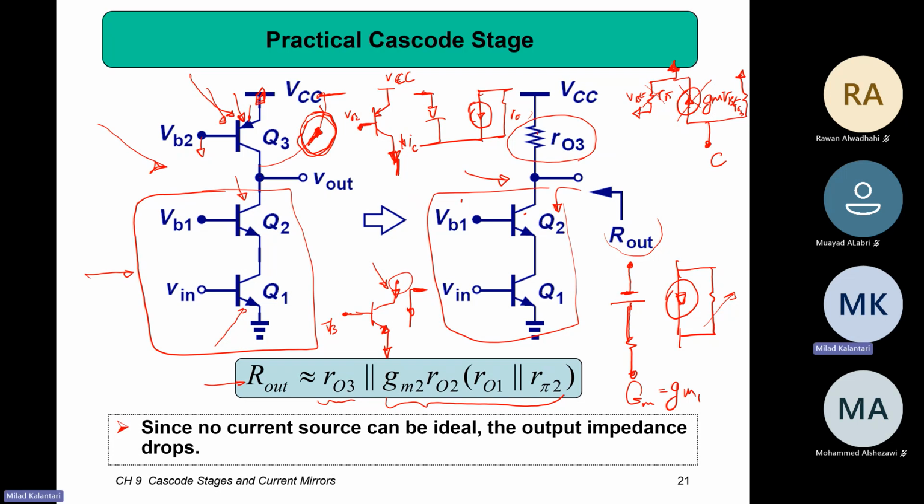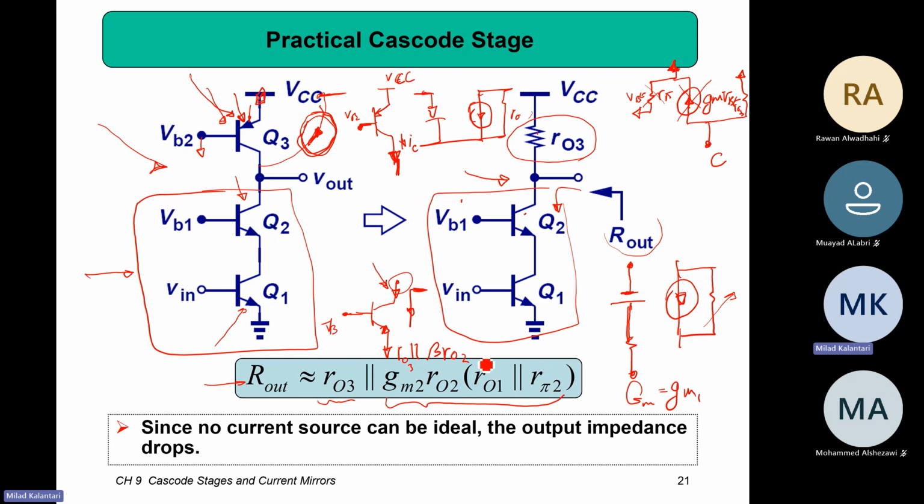So is it high or not high? How is it? The R out of the cascode is basically about beta times R out 2, and this is in parallel with RO3.